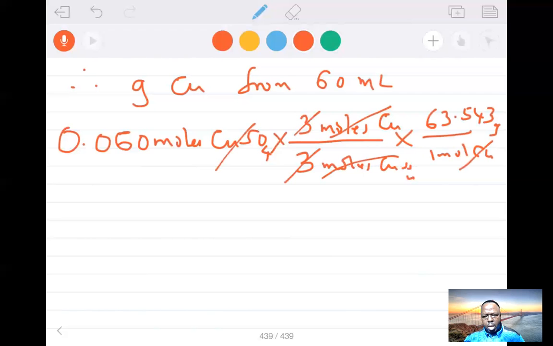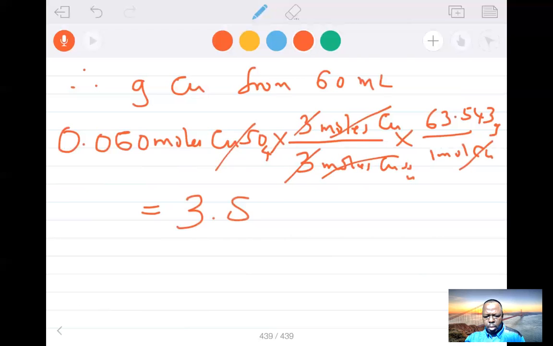So here, if you multiply 0.060 times 63.543, that will give you 3.81.